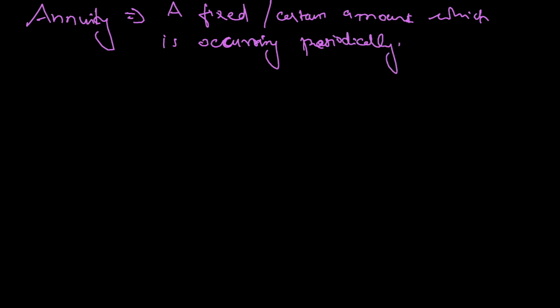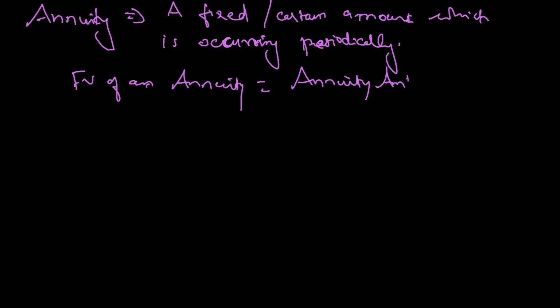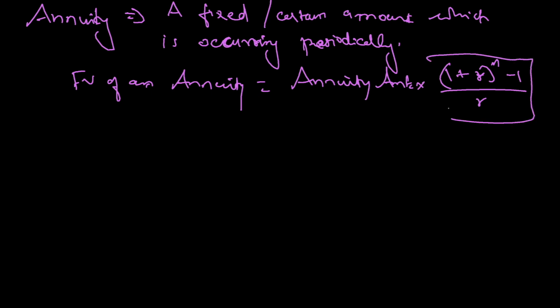If you want to find the future value, the future value of an annuity is equal to the annuity amount into 1 plus r to the power n minus 1, divided by r.